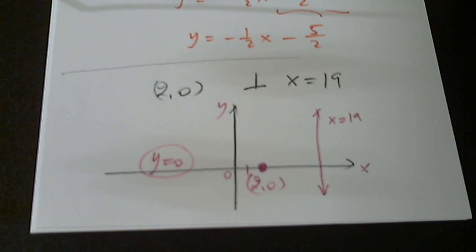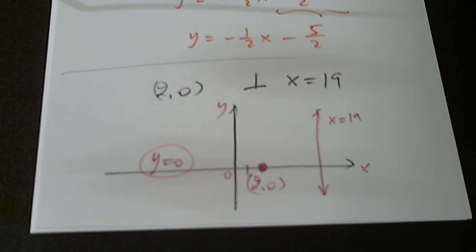The graph of f passes through (2, 0) and is perpendicular to the line whose equation is x equals 19. It is y equals 0.